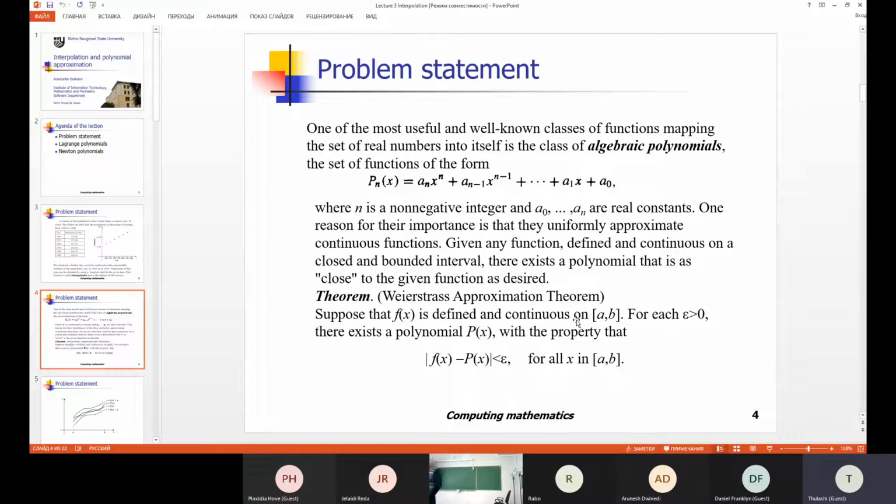I asked you to give me examples of polynomials, and you gave me examples of a linear polynomial, a quadratic polynomial, or a cubic polynomial. Here on this slide you may see the general form of the polynomial of degree n.